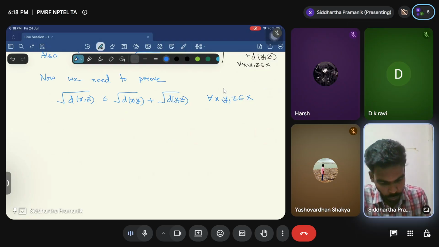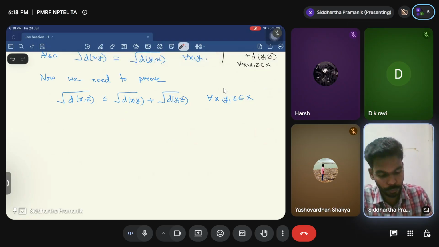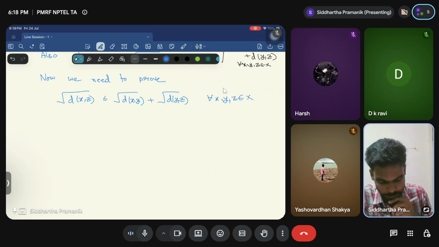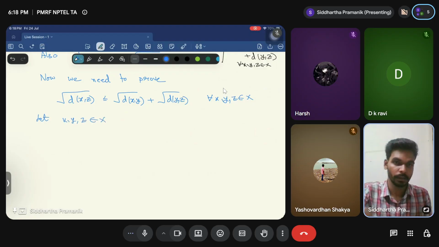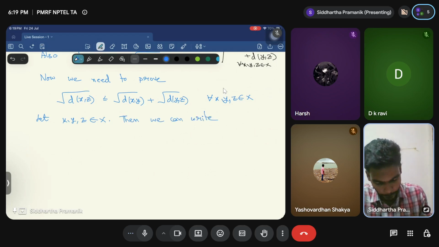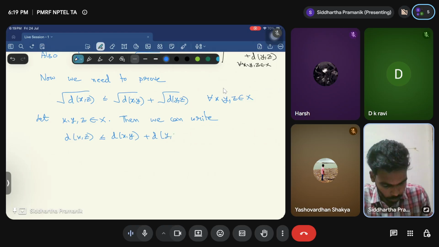What we know is we need to prove this for all x, y, z. So let's pick some x, y, z belonging to X. Now since d is a metric, we can write d(x,z) is less than or equal to d(x,y) plus d(y,z), right?